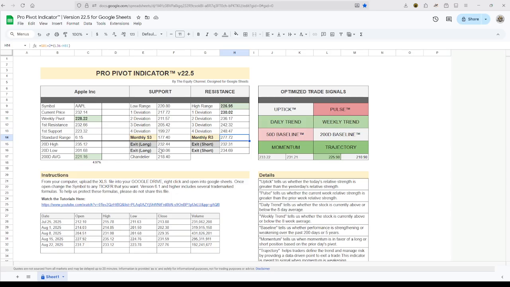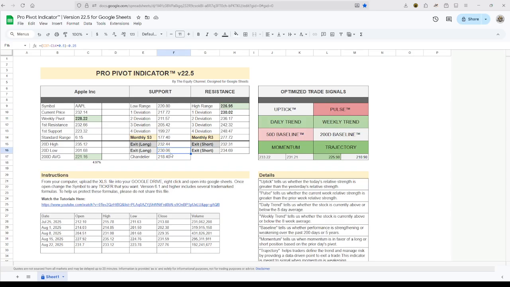Then I have my stop losses here. This is my stop loss system down here. Whenever I'm in a long position, this is my tightest stop that I may have. As you can see, 232.14. We had the exit long at 232.44. So if I was using my tight stop, I should have been out of this trade by the end of the day.